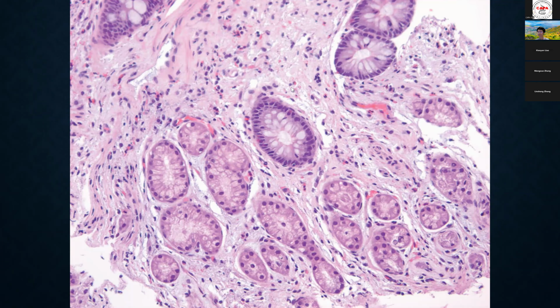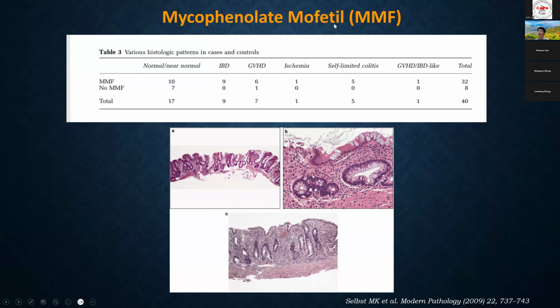hemorrhagic diarrhea. Okay. The next medication is MMF, an immunosuppressant. Usually people use it for organ transplant, bone marrow transplant, or autoimmune disease. MMF can give you IBD-like changes, and of course GVHD-like, ischemic, and self-limited presentations.